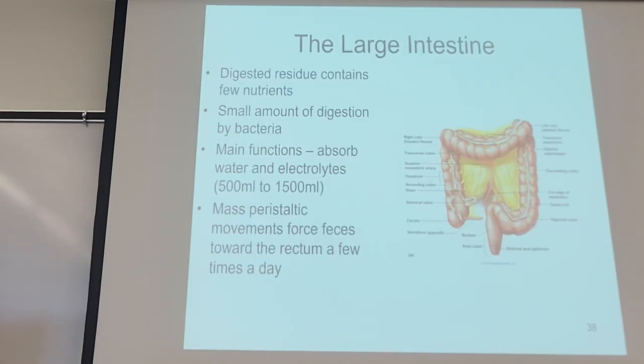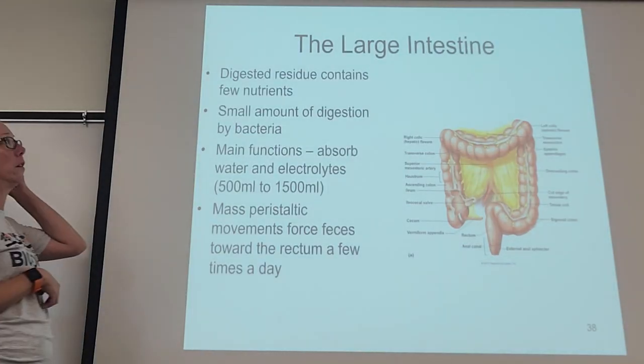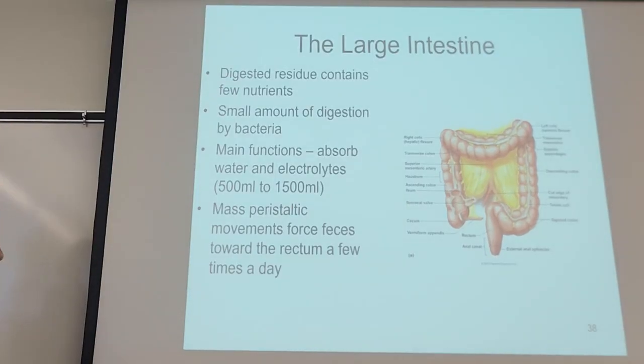Okay, getting towards the end of the tube here, the large intestine. There's mainly absorption of water and electrolytes at this point. Most of your nutrients have already been absorbed through the small intestine. So the large intestine's main job is to start forming feces, waste from the leftover products that were not absorbed.